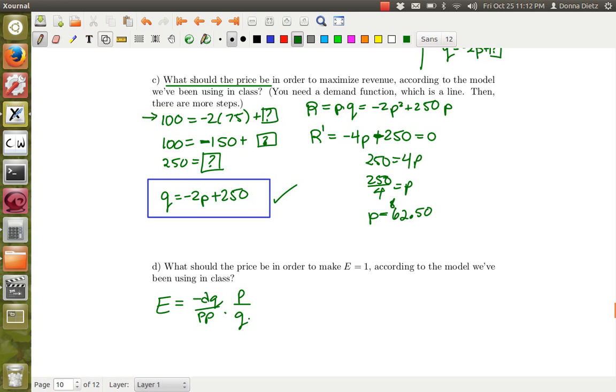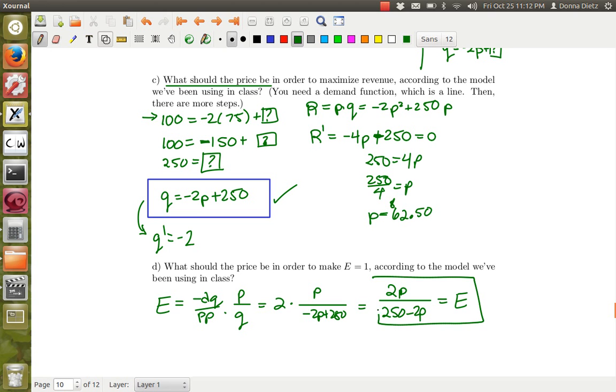Okay, so what is dq dp? Well, we have q. So q prime is just minus 2. That's really easy. I'm going to ditch that negative sign. And then p is just p. And q is minus 2p plus 250. So 2p over 250 minus 2p, this is equal to E. Oh, okay, that was just so lovely.